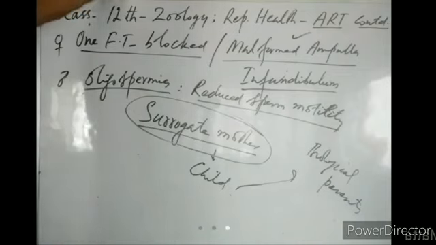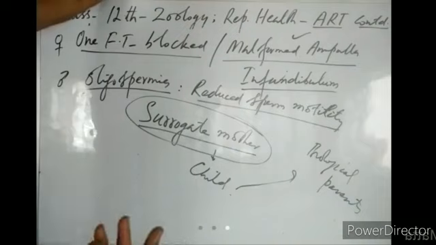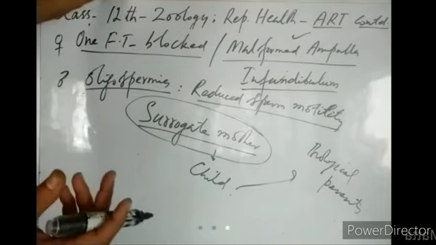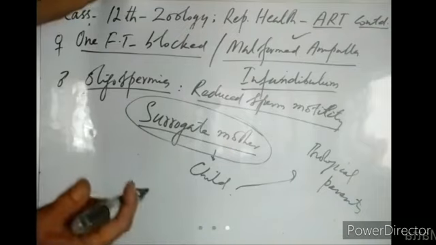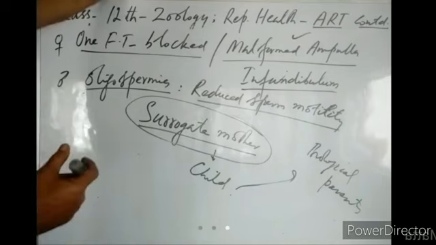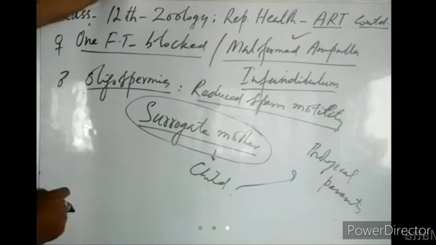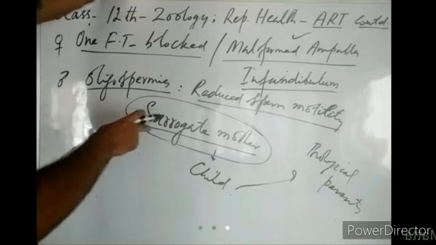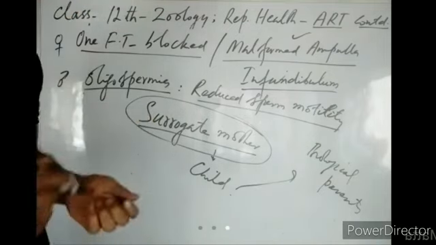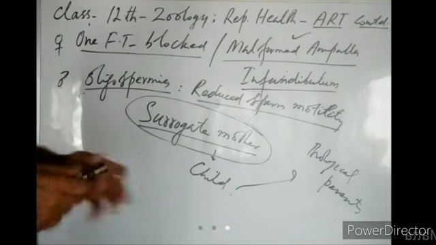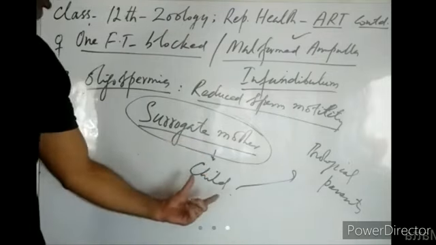So this surrogate mother may solve the problem for a lady who has a permanently damaged uterus. She cannot bear her offspring in her uterus, so she may use the surrogate mother, whom she will pay. After the end of 9 months, she may have a child.